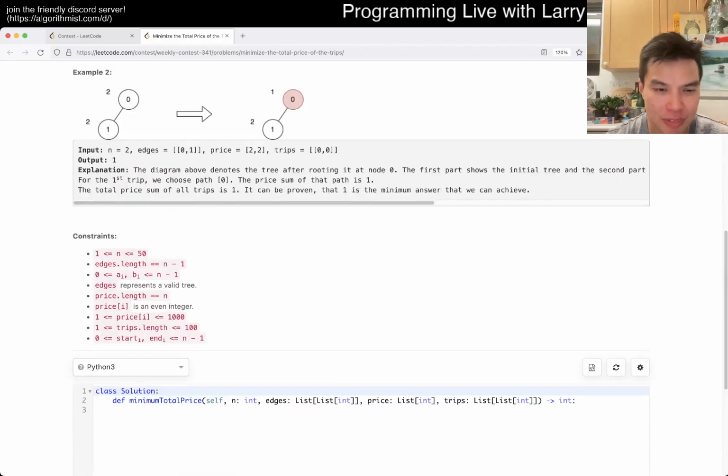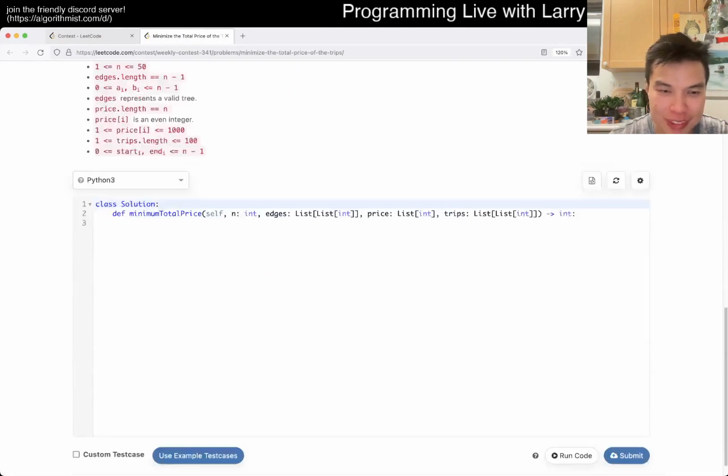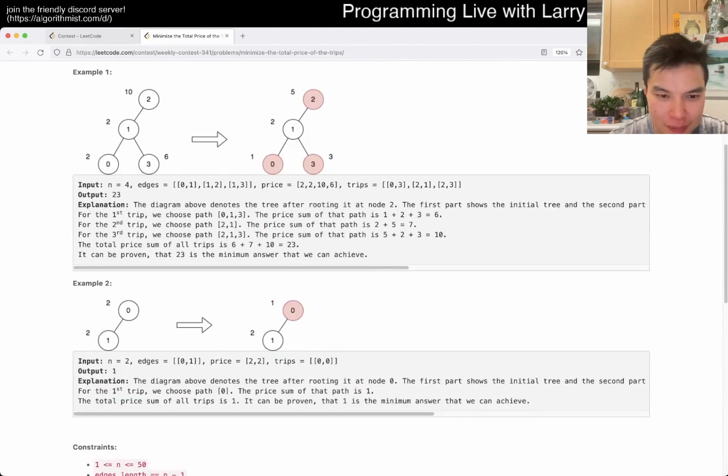What's constraints? 50. Price is 1,000, so maybe there's some DP. 100 trips. This is gonna be a yikes contest.